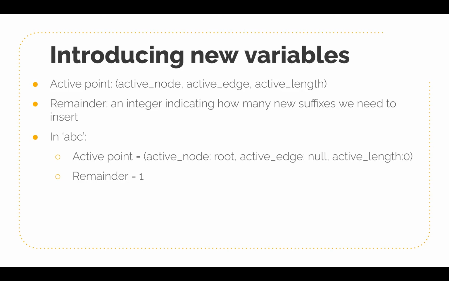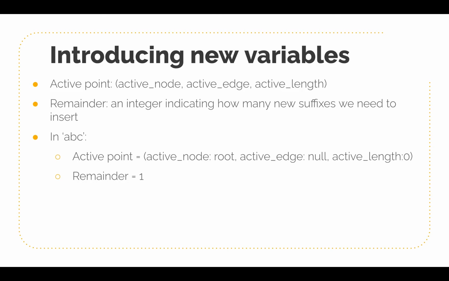We will see soon why a triple is necessary to represent this information. The remainder was also set to 1 at the beginning of each step. The meaning of this was that the number of suffixes we had to actively insert at the end of each step was 1, which was always just the final character. Now this is going to change.